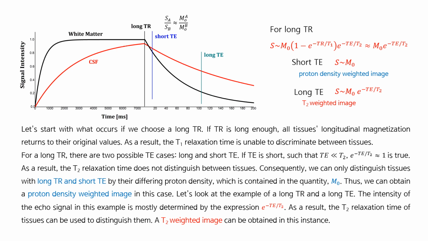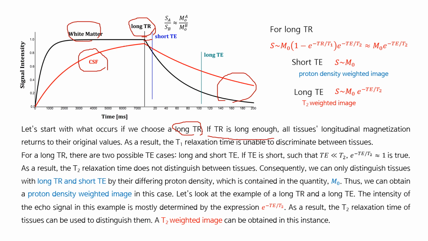Let's start with what occurs if we choose a long TR. So we choose long TR. For example, we have the T1 relaxation curve for white matter and CSF. And these T1 relaxation curves are connected with the T2 relaxation curve.